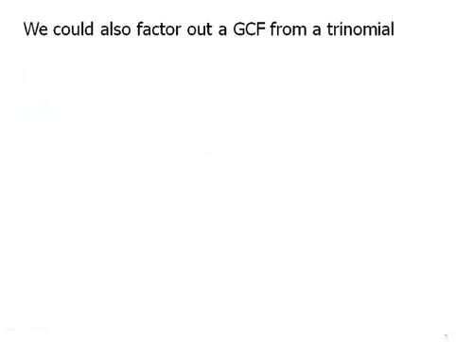We could also factor out a greatest common factor from a trinomial. So here's a trinomial where the highest power is x to the fourth. And notice that among the coefficients, the greatest common factor is 2, so we can factor out a 2.